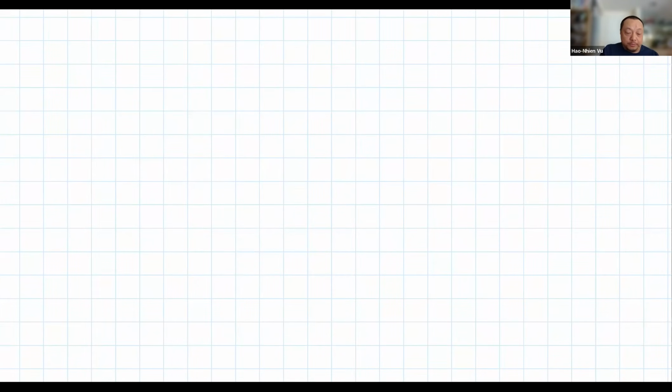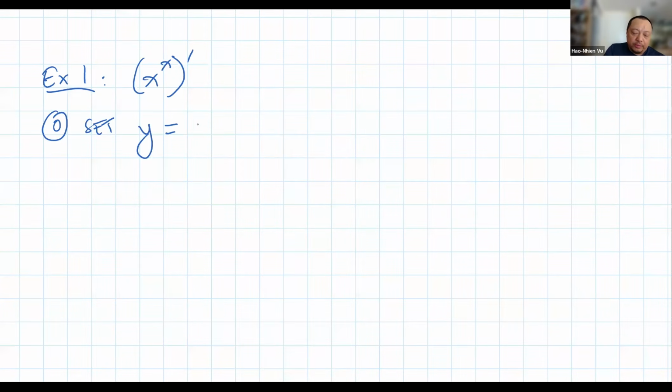Let's do some example. This example is in every calculus book you can think of. Take the derivative of x to the x. So step 0 is to set y is equal to the exponential function u to the v. So I set y is equal to x to the x.